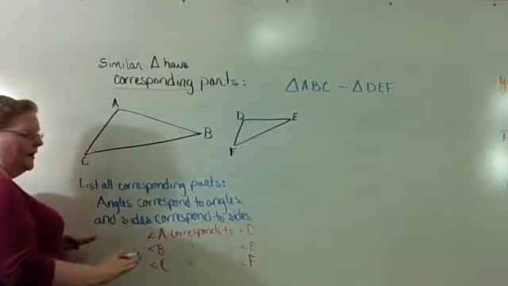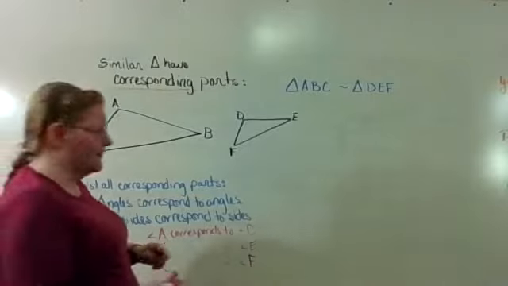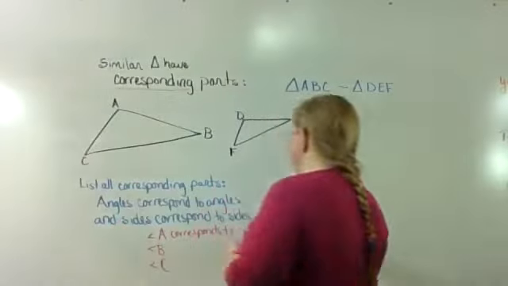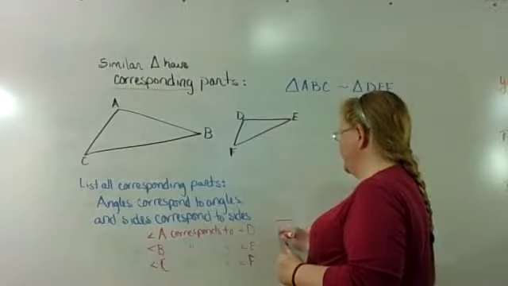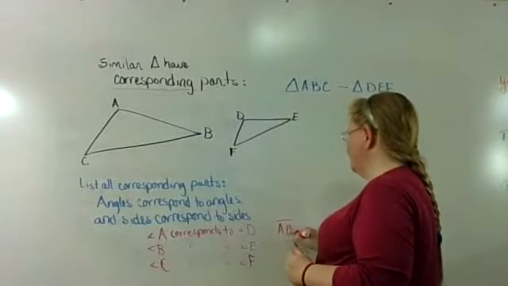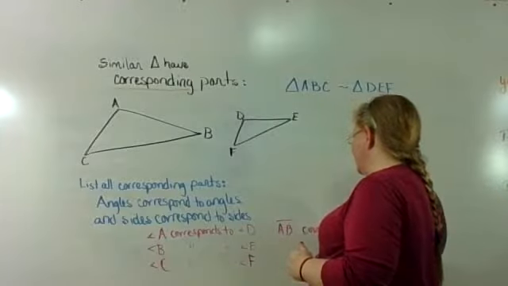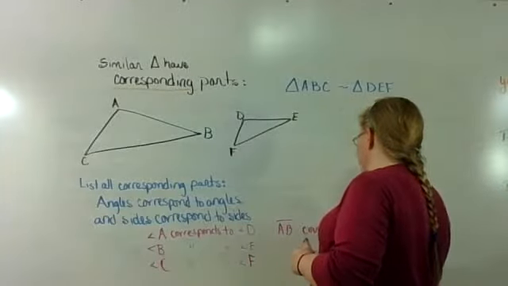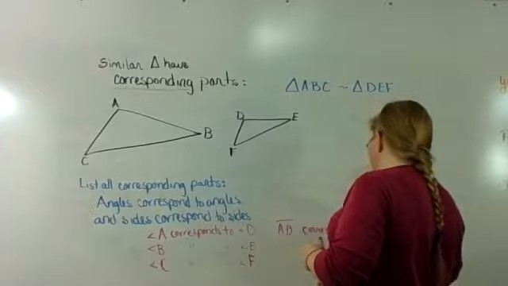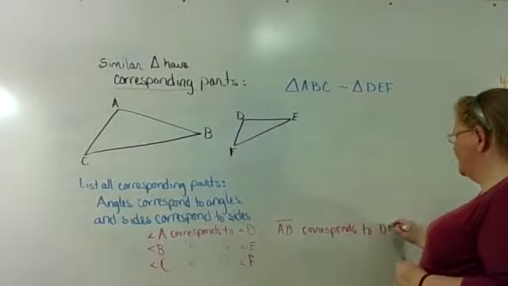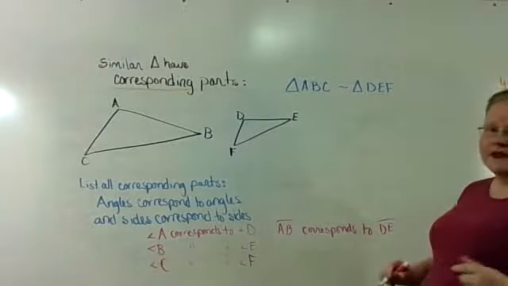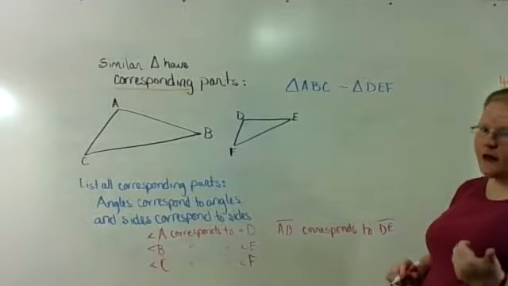That took care of my angles, but we also have to take care of the sides. So we can say that side AB corresponds to side DE. Make sure you put the line over it, because if the line isn't over it, that means we're talking about distance.